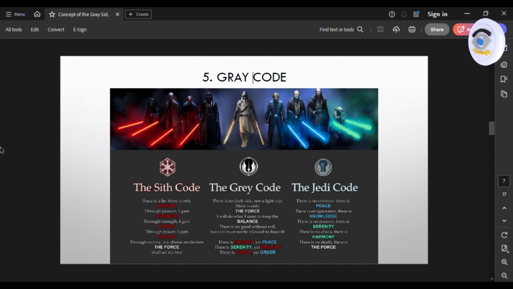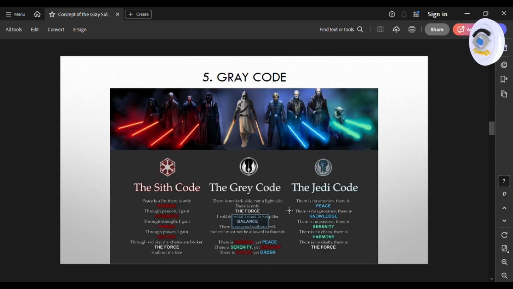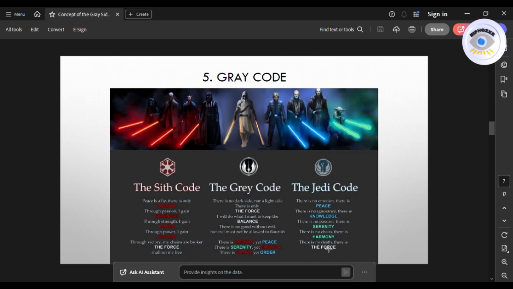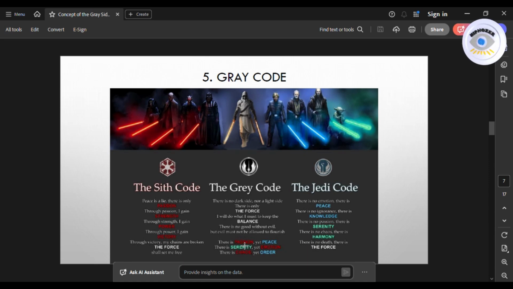So what does the grey side value then? It tries to keep the balance. Ironically, the Jedi also wanted balance in the Force. With varying results, but we know they kind of aimed for it.